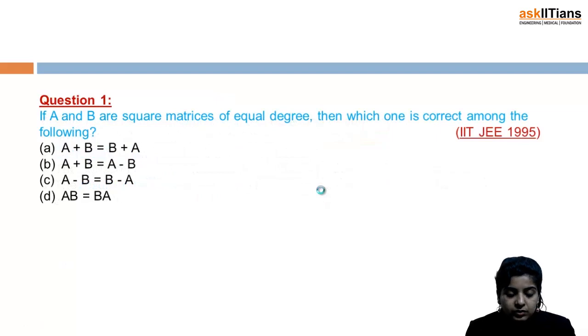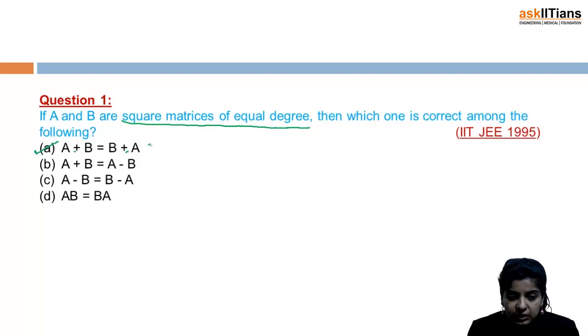Okay, now we have a question in this context. First question says, if A and B are square matrices of equal degree, then which one is correct among the following, right? This is a question which has come in IIT JEE in 1995. There are the options. In fact, even if you look at the options, you can directly know the answer. A plus B is B plus A, let's leave this one for the time being.